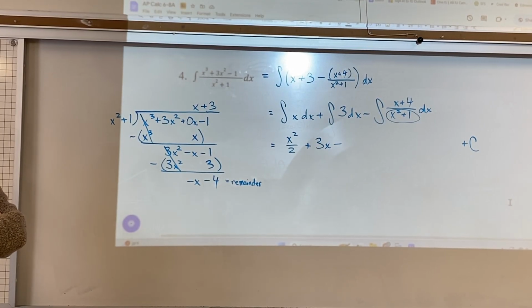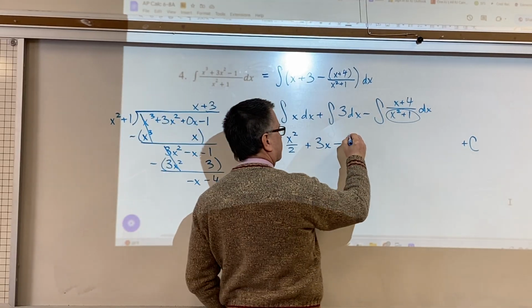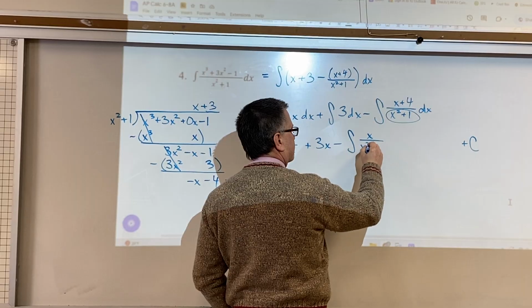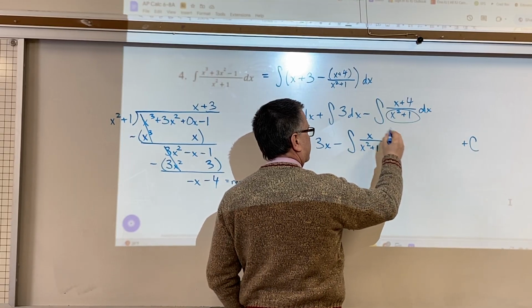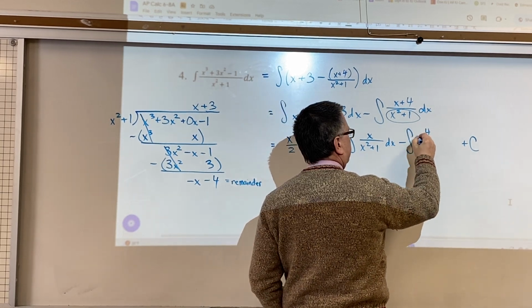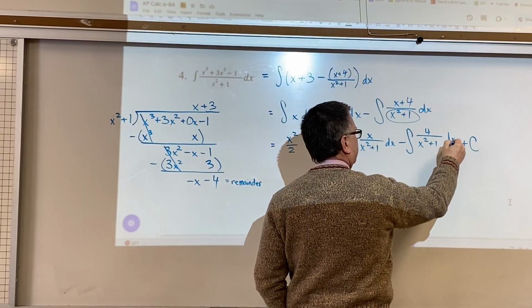The first one is x divided by x squared plus 1, and the second one is 4 divided by x squared plus 1. It's going to be minus both, right? And the last one before you take it out, there's a formula for that one.